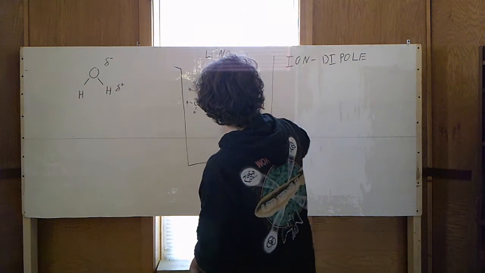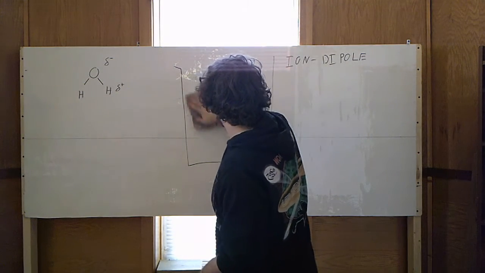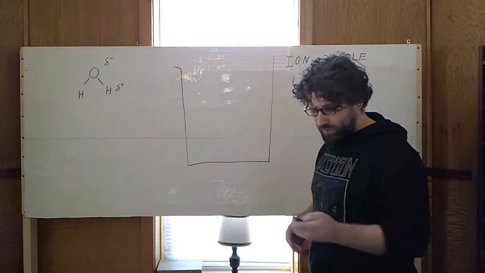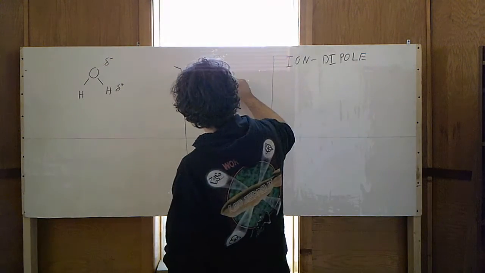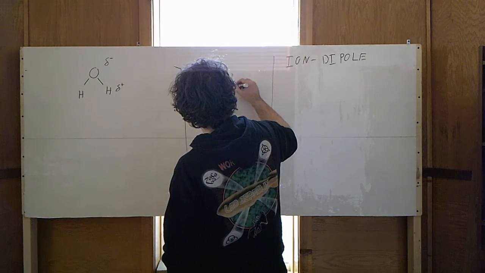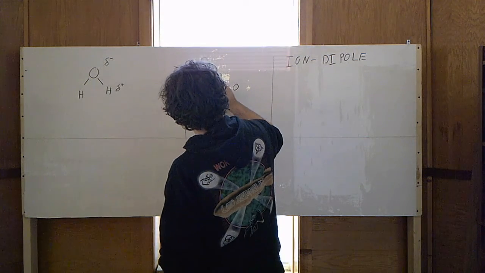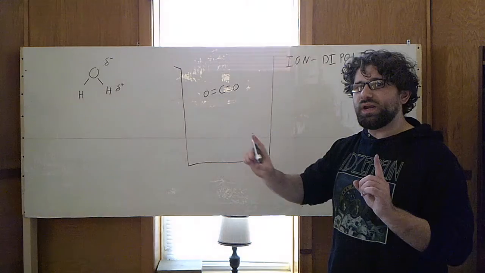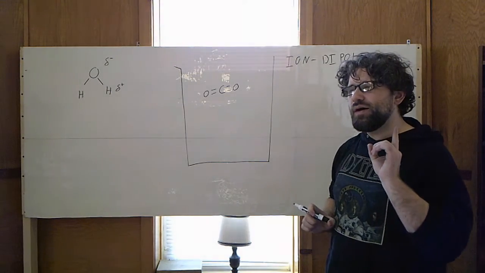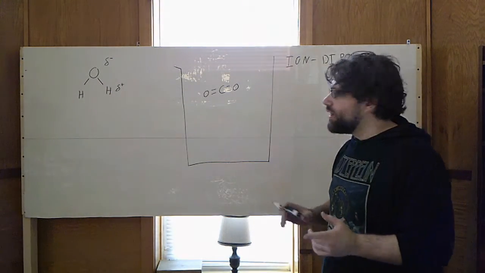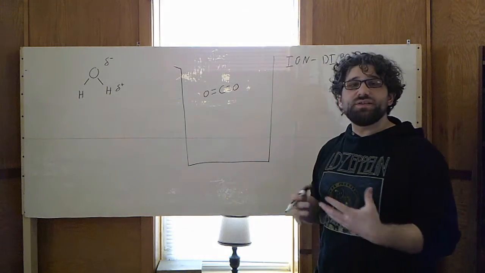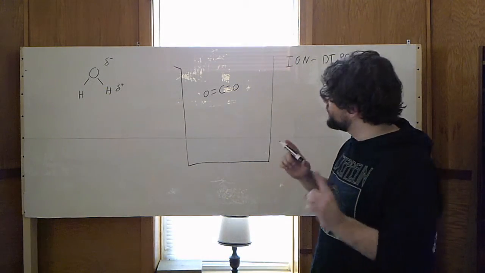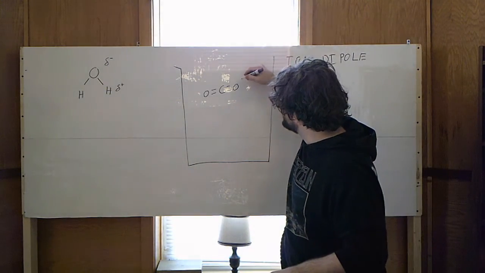Let's erase these. If I put CO2 in here, let's draw this out. We remember, between carbon and oxygen, there is a polarity. Carbon dioxide itself isn't polar because it's symmetrical, but there still are these dipoles.